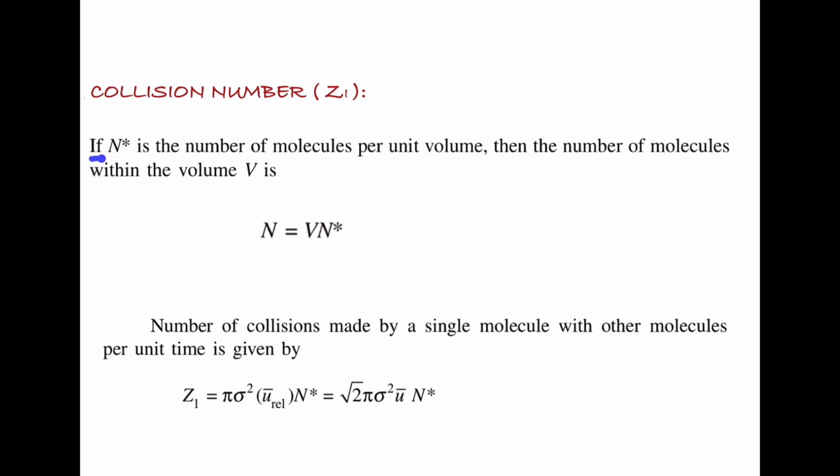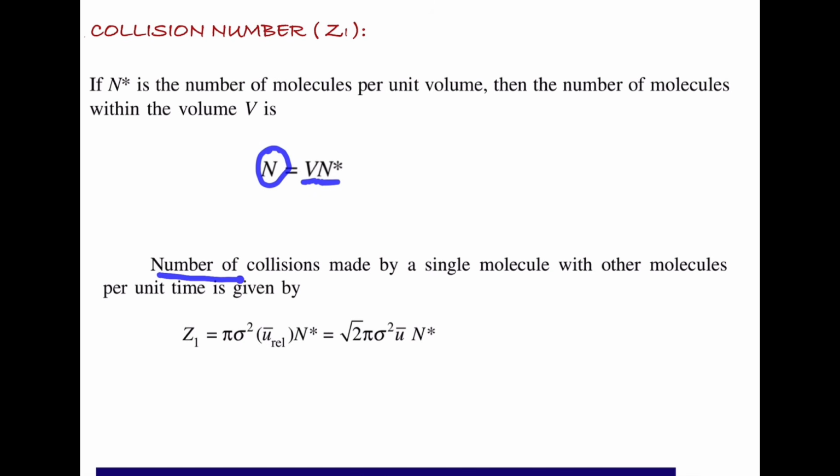And if n star is the number of molecules per unit volume, then how many gas molecules are present in volume V? Obviously n star is the number of molecules present in unit volume, but we are taking V volume. In V volume, the number of gas molecules present will be n.